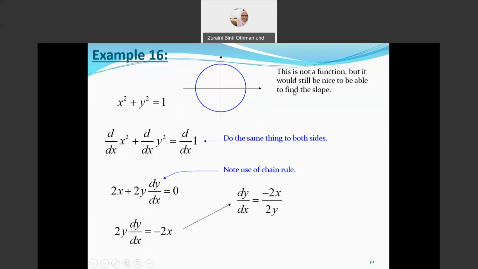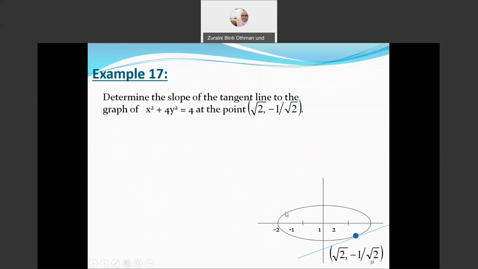So sekarang we know this particular shape, the tangent for this particular shape is negative 2x bahagi 2y. Okay, so it is negative x over y. Okay, for this particular shape, this is what we call ellipse, and this is the equation of ellipse.